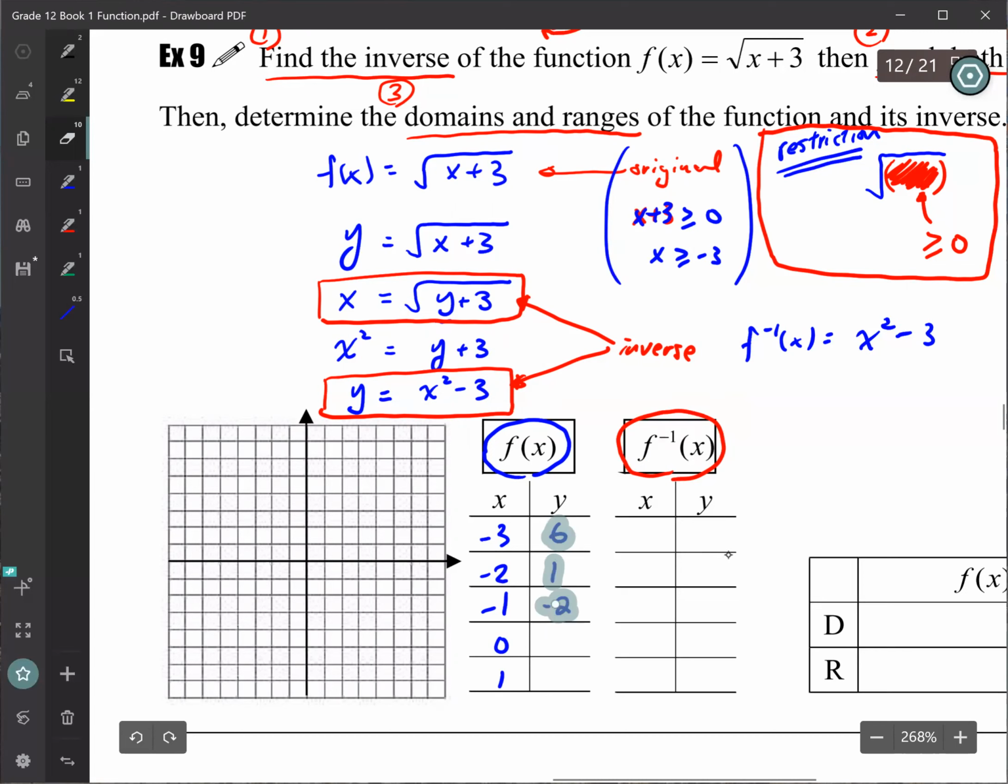Okay, let's try again. So what's the first y value? You plug into this one. This is the original, the one with the star.